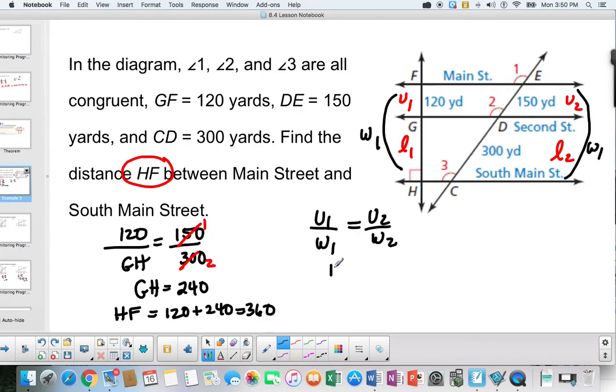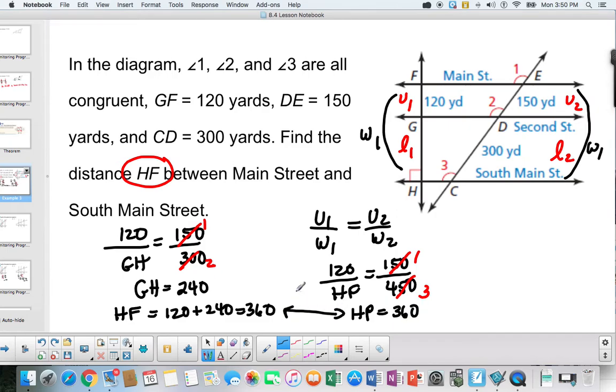Now upper 1 is 120, and the whole here is what I'm really looking for, HF. And then upper is 150, and the whole is these two added together, which is 450. Now that tells me this is a 1-to-3 ratio. So I know that HF is 3 times as big, which is 360, and that's exactly the way I got it this way. So there's more than one way to do the problem.